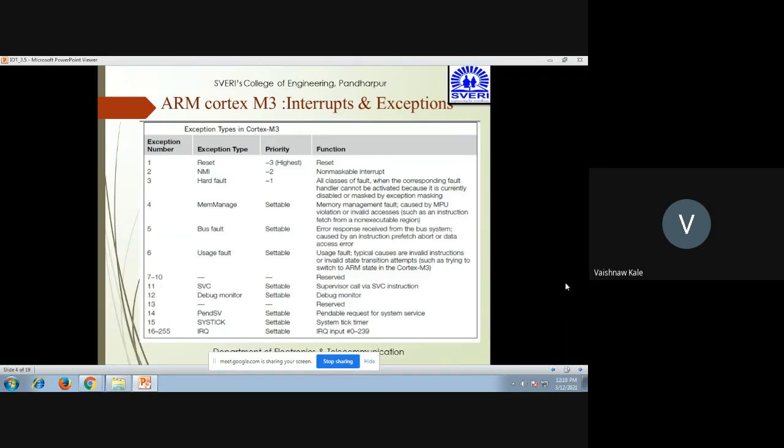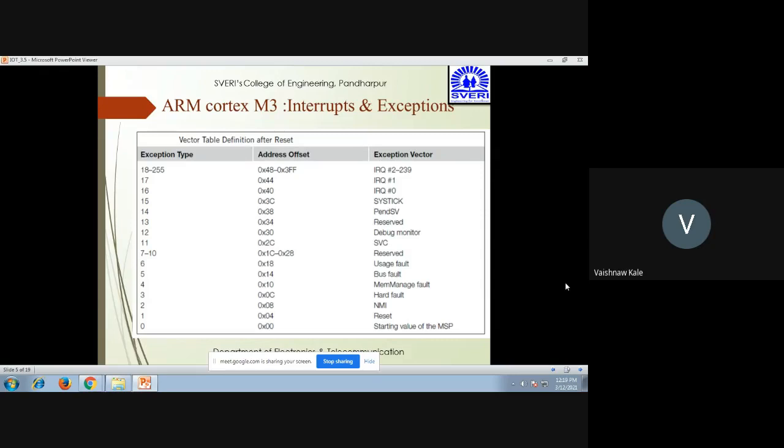Then the system tick timer. And from 16 onwards, these interrupts, together with the exceptions, are called IRQ, which is nothing but interrupt request. It is basically from 0 to 39, but from here it will be from 16 to 55.